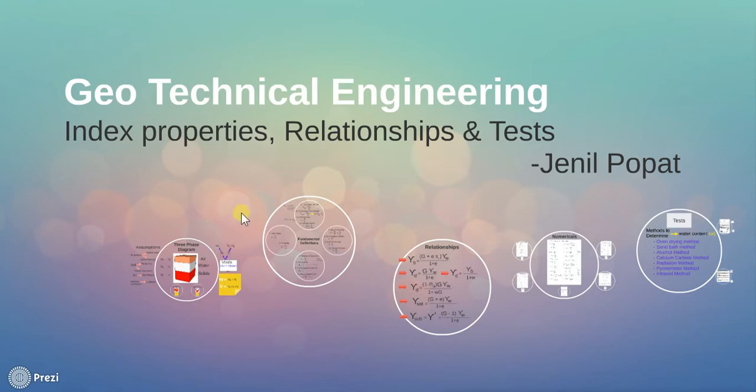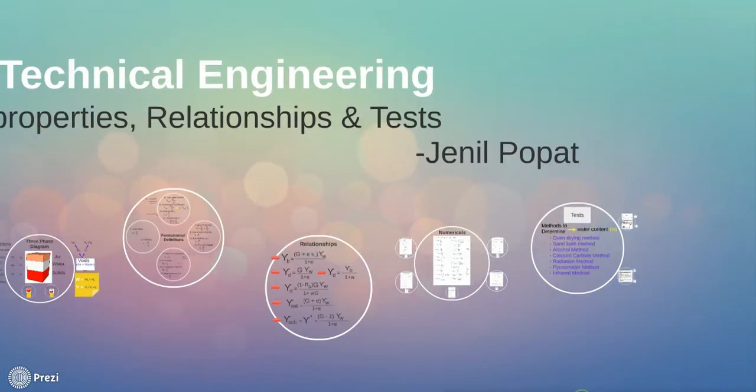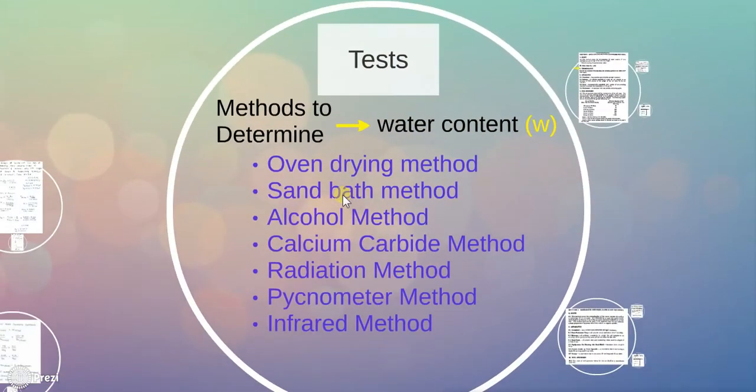Until now, we have learned phase diagrams, fundamental index properties, their interrelationships as well as numericals. Now let us go to tests. These are various tests performed for water content determination like oven drying method, sand bath method, alcohol method, calcium carbide method, radiation method, pycnometer method and infrared method.